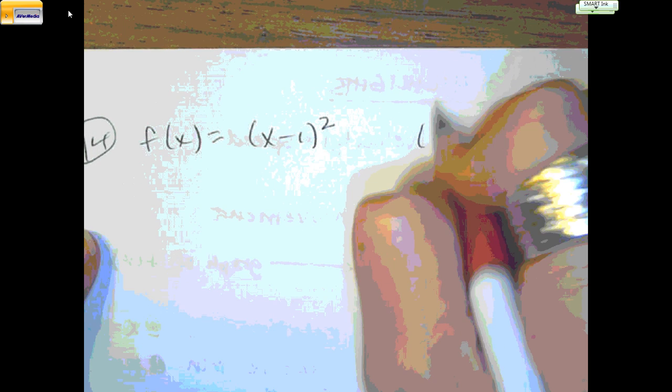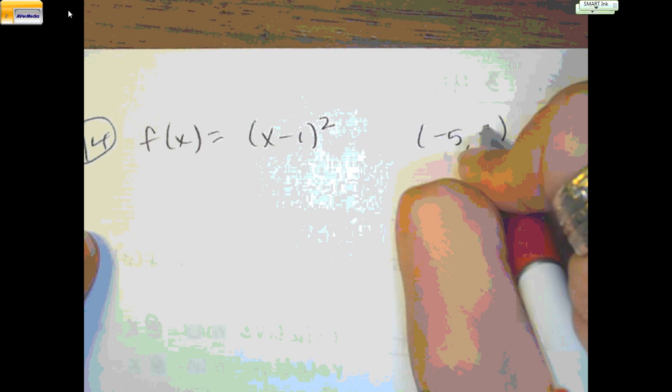What else was tricky? They asked about 14. Several of them asked about 14. They give you an equation where f of x is x minus 1 the quantity squared, and there's a point out here, negative 5 comma 3. They're asking to find the point on the graph of the function that's closest to this given point.